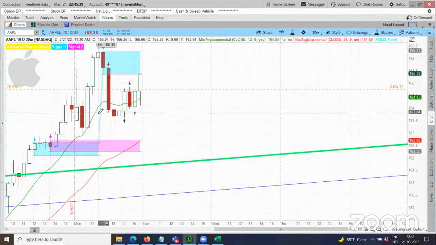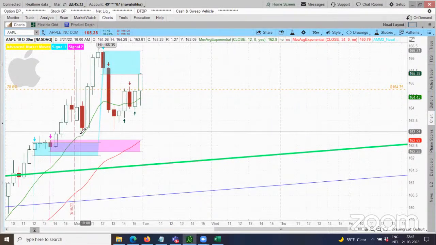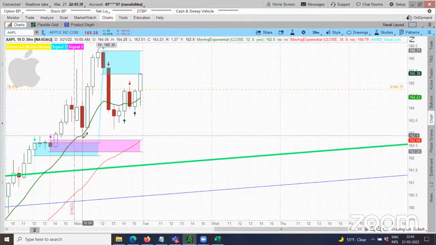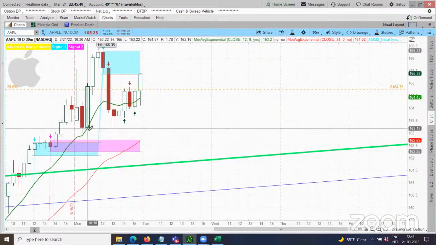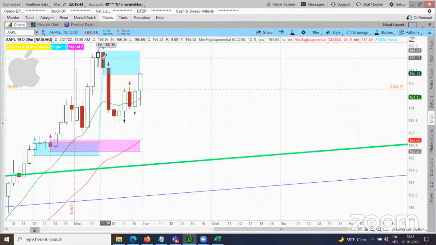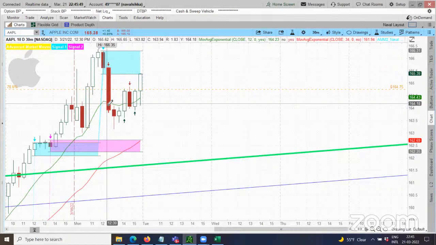So you see, today it was a Monday morning. It was away from the EMA. It came back, tested it, went up, couldn't hold, and it made the evening star right there. Could not hold, came back with massive candle.